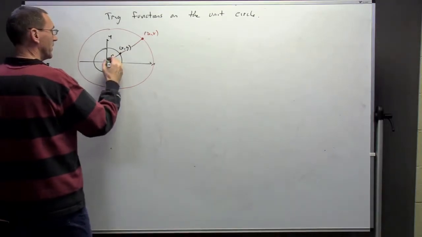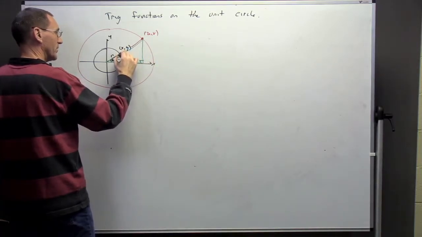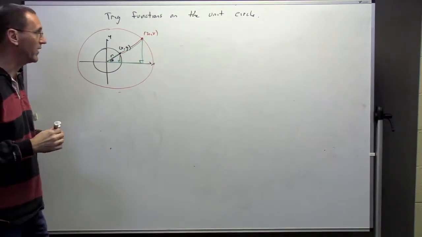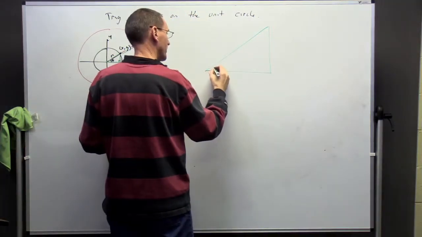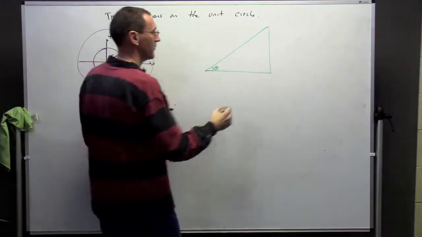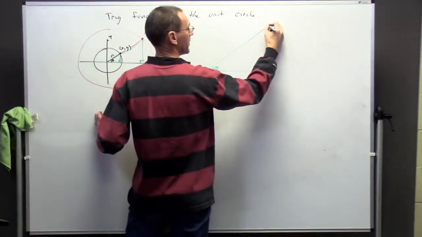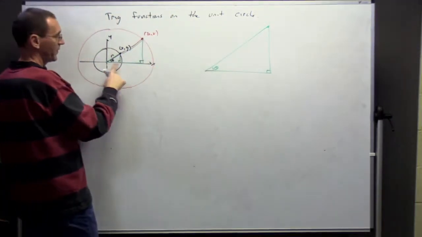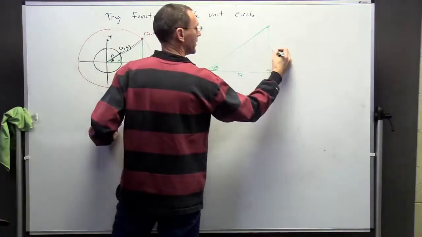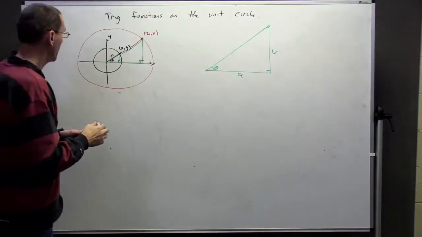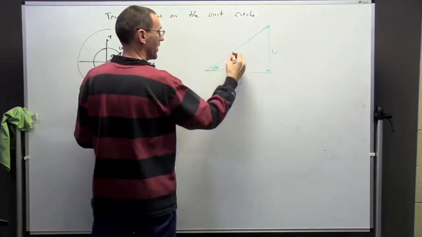And the reason is notice we've just formed a triangle right there. There's also this triangle right there. So let me break this out. I've got this big triangle, angle theta there. This is a right triangle, because of the way I defined it. This is the point u, v, so that means the distance from here to here is u, the distance from here to here is v, but I've also got this smaller triangle right here, which is also a right triangle.